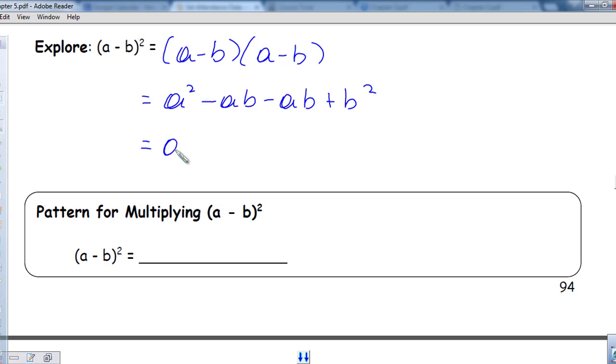So we get a squared minus 2ab plus b squared. The difference between this one and the pattern for a plus b squared is just the minus on the middle term. So a minus b squared is equal to a squared minus 2ab plus b squared. That last term is going to be plus.